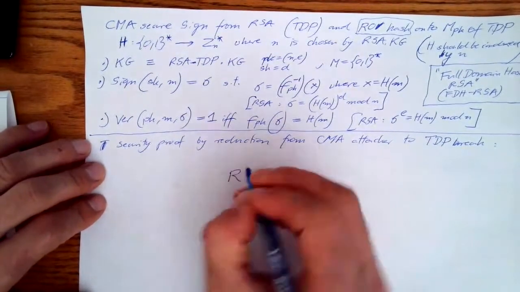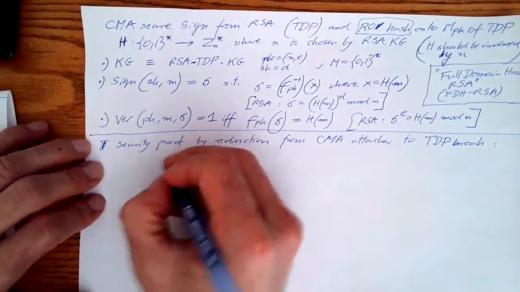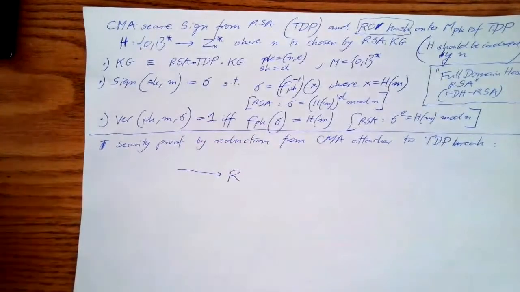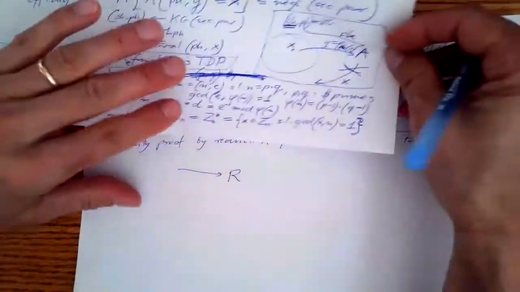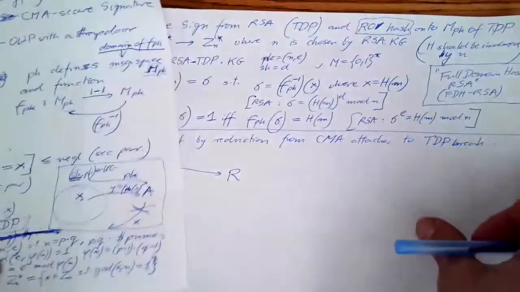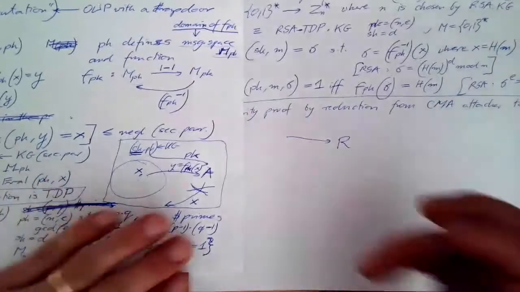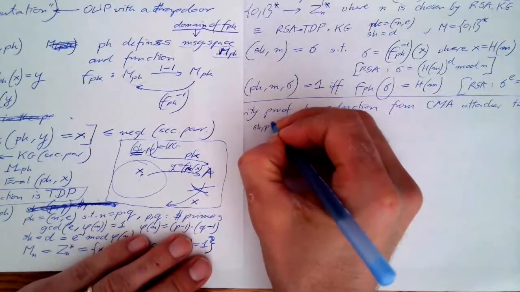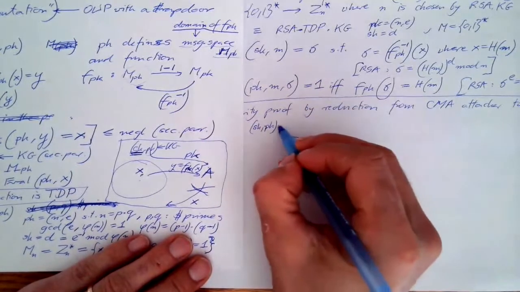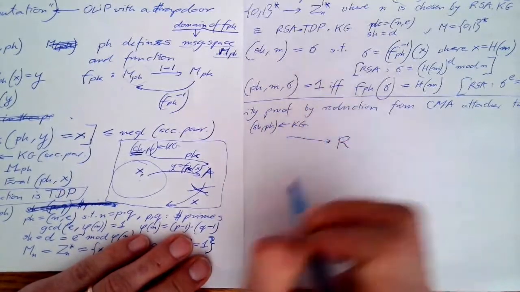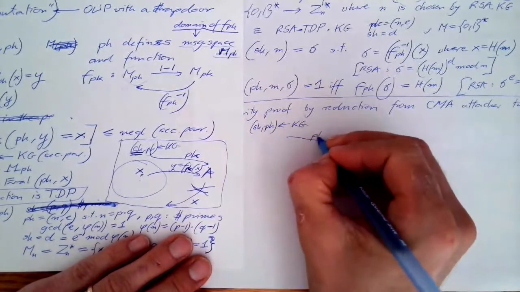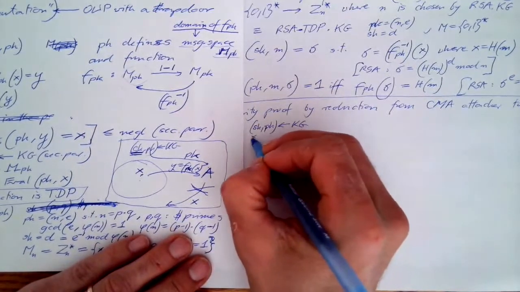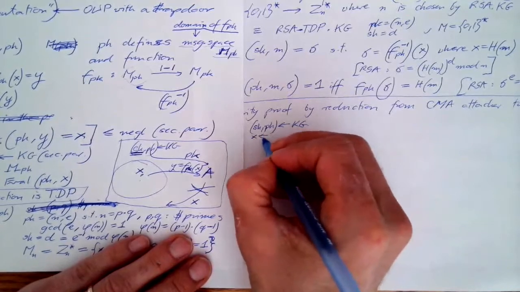So the reduction is getting a trapdoor. So what's a trapdoor permutation experiment? Here it is. Somebody picked an instance of the trapdoor permutation, gave us the public key, and also they chose a random element in the space.